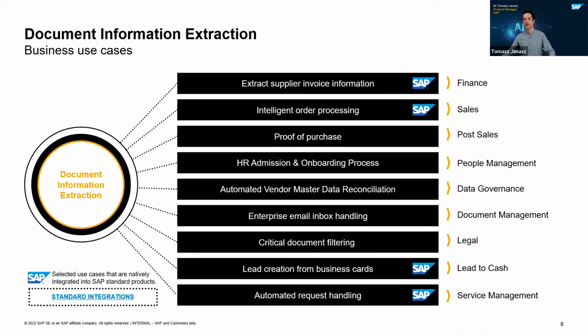The main advantage is that you don't need to integrate with document information extraction, but you start using these capabilities directly within the business process. And with that, we want to provide, as mentioned at the beginning, the instant business value. For all standard integration options, there is a blog post which is linked here on the left side at the bottom that you can review after the session.